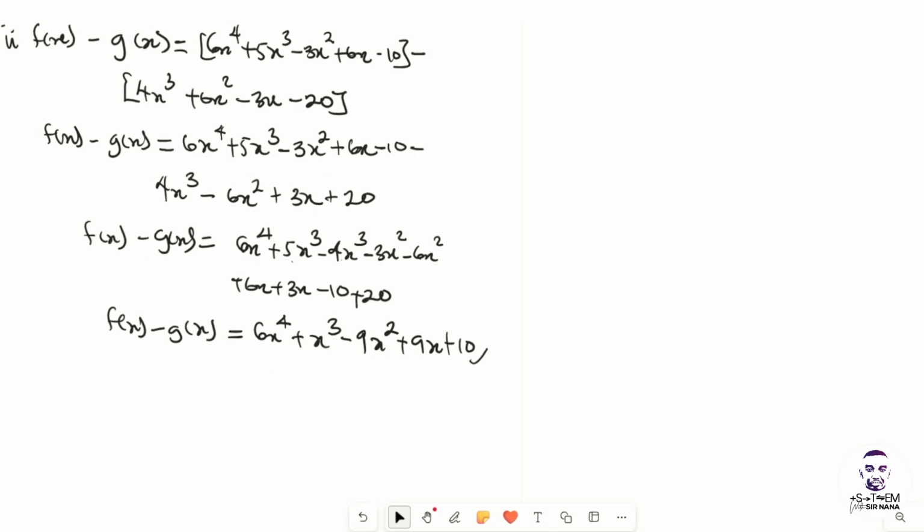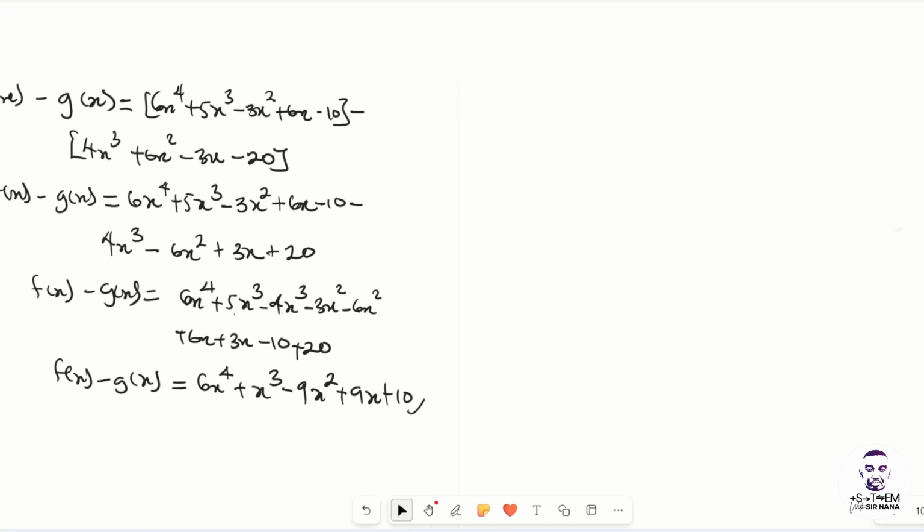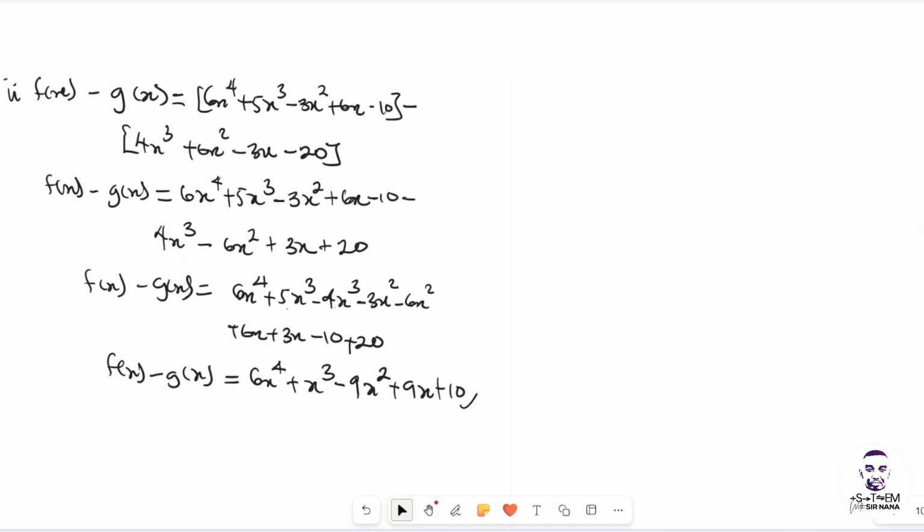So I'll leave you with the example 2. Go through the process, add h of x plus g of x, and then also do the subtraction of h of x minus g of x, so that you'll be able to find the values of h of x plus g of x, and then h of x minus g of x, right?